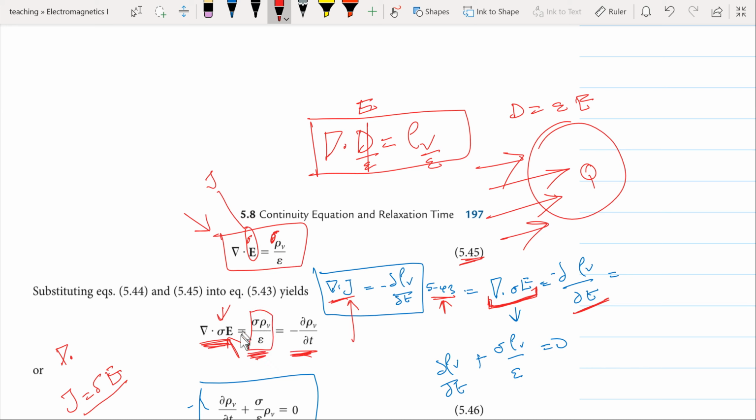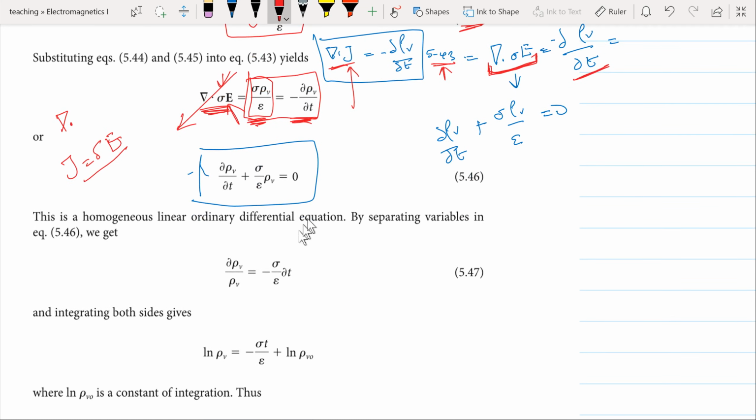Now we can get rid of this term because it's on its own, and we are left dealing with this expression, which is the one we tend to work with.